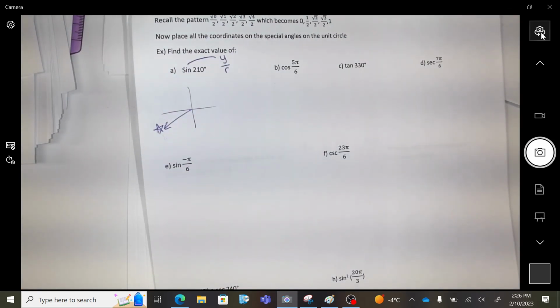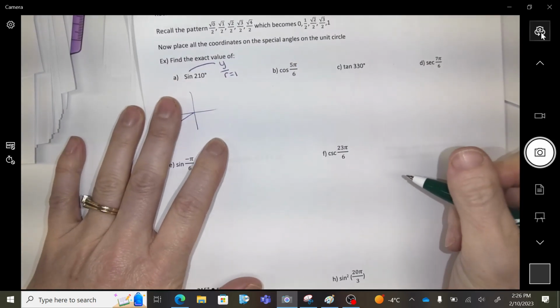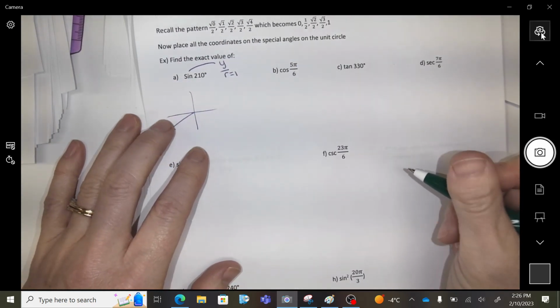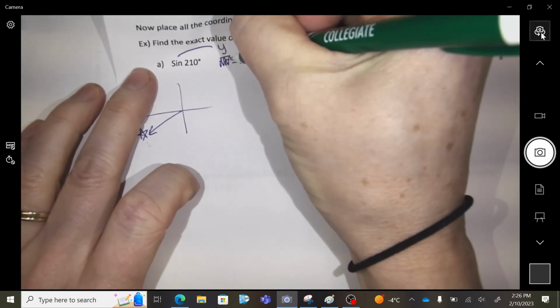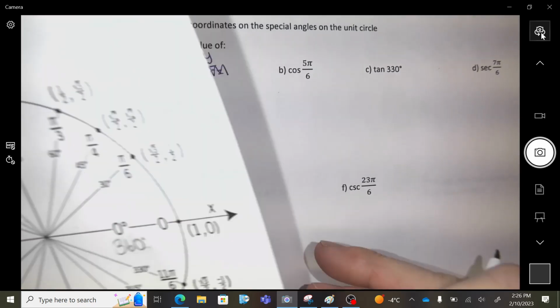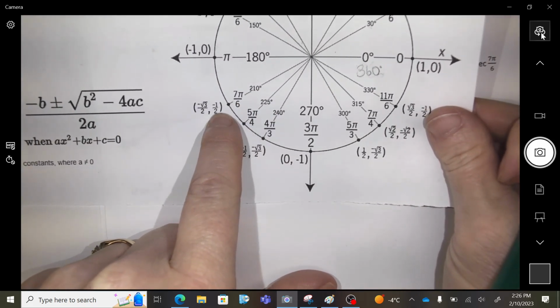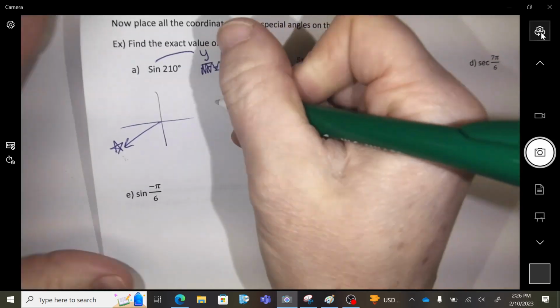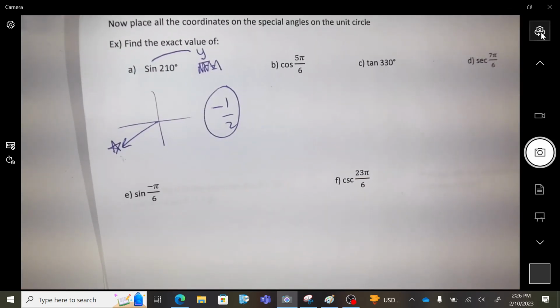And what do you know about the r on the unit circle? It's 1. So does it matter if I write divide by 1 on a number? No. So are you okay if I scratch this off? So the answer is, what's the y coordinate? So at 210 degrees, the y coordinate is -1/2. That's it. Done.